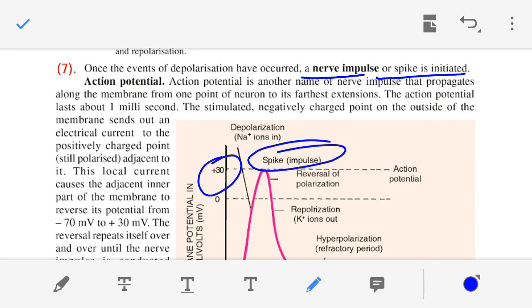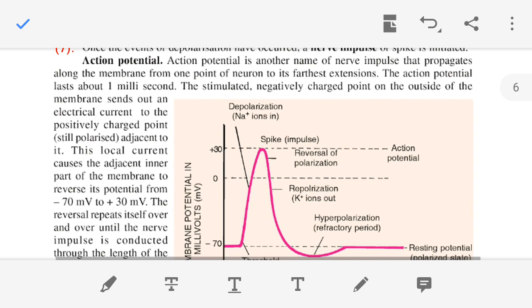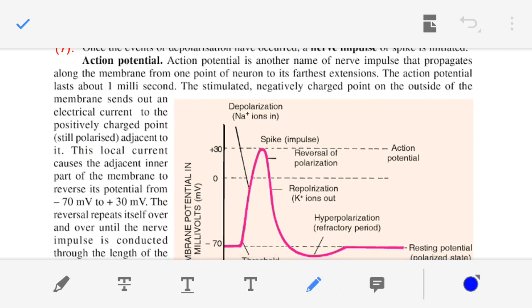Action potential is another name for nerve impulse, and this nerve impulse propagates throughout the membrane of the neuron from one point to the farthest point. Simply, the nerve impulse propagates along the entire length of the plasma membrane of the neuron, and finally reaches the far end of the neuron.